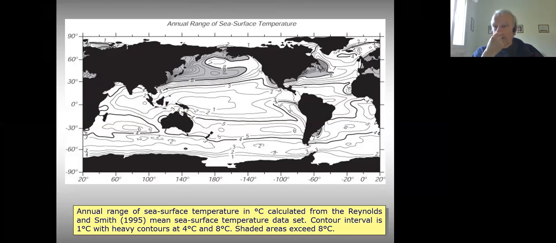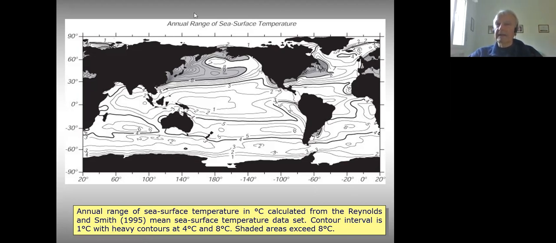Then another interesting statistical description of the sea surface temperature is the annual range of the sea surface temperature. The annual range means the difference in temperature between the winter and summer, maximum and minimum temperature. And what you can see here is that the annual range is smallest in the zone of the equator, where you have small differences between summer and winter.